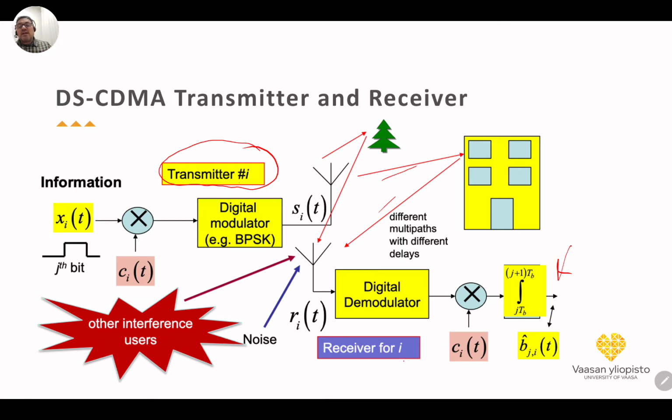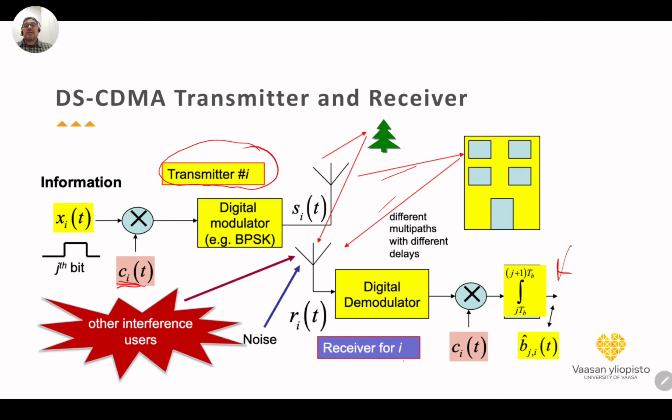We assumed in this environment that we have n different transmitters and different receivers, and all of them use the same carrier frequency, but they use different codes. So we have ci for transmitter i, but the others use different codes, and those codes should have low correlation.